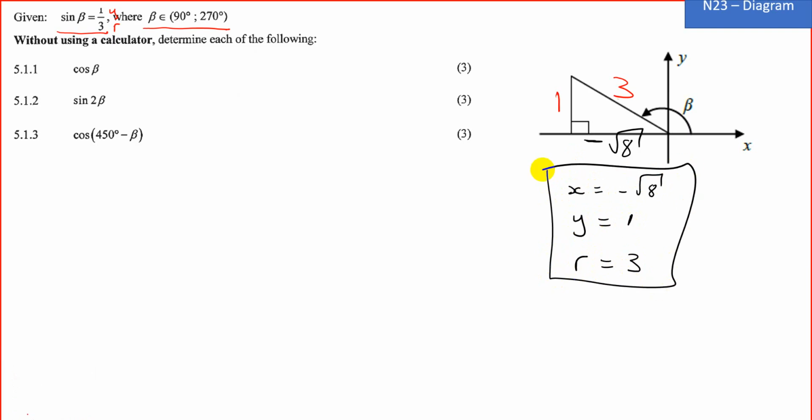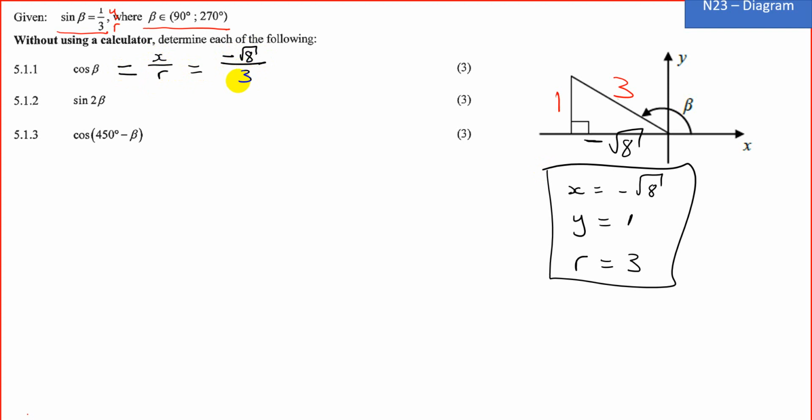So with x, y, and r, we can determine any of the trig ratios. The first question is, what is cos beta? We know cos is x over r. We just found x to be minus root 8 over a radius of 3.